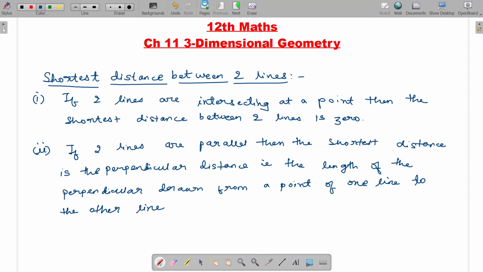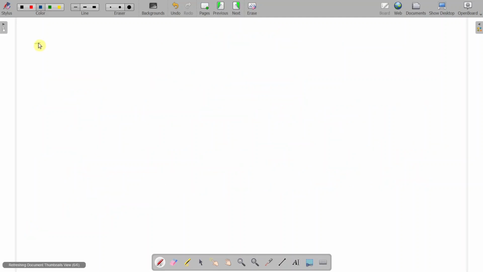And the third point is the lines can neither be parallel nor intersecting.